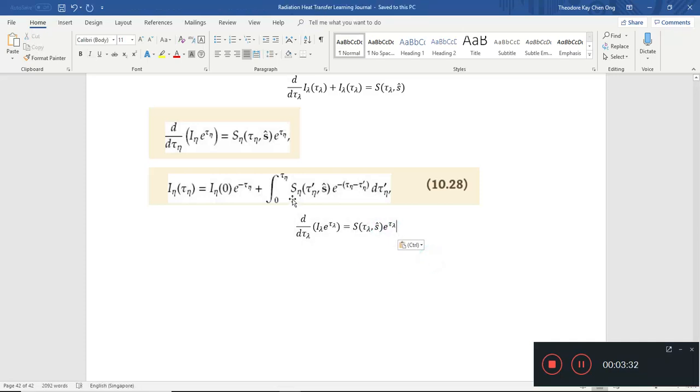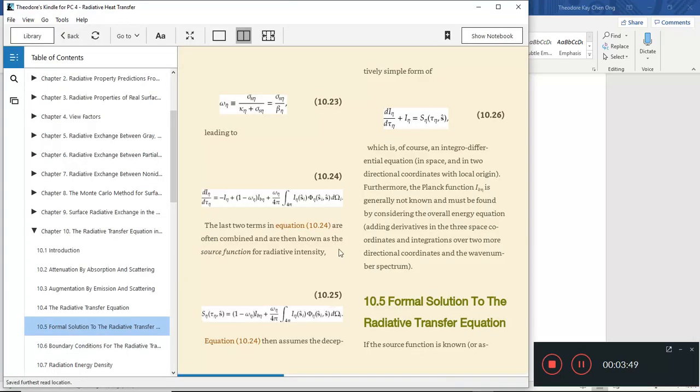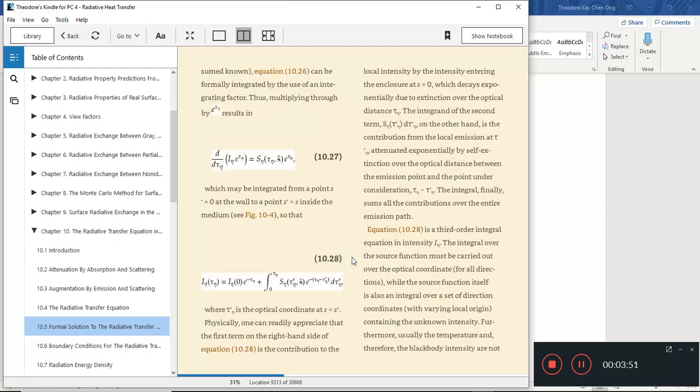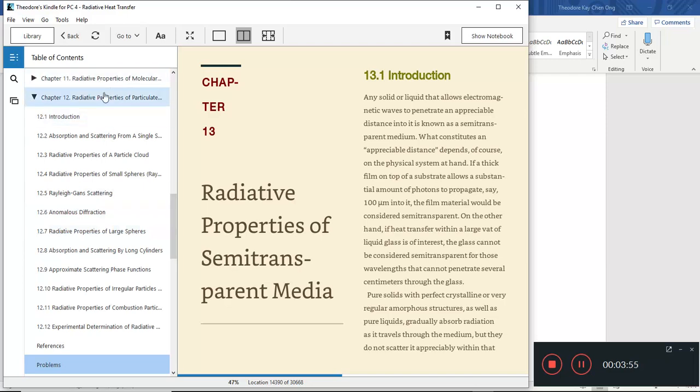Now, like I said, if you want to get solid numbers out of this, it's not useful. However, this can help show us physically what is going on with the radiation transport equation, because when you try to actually solve the equation, you can get pretty messy expressions. So for example, let me show you what chapter 14 is like.